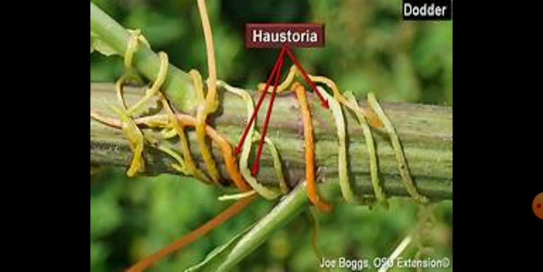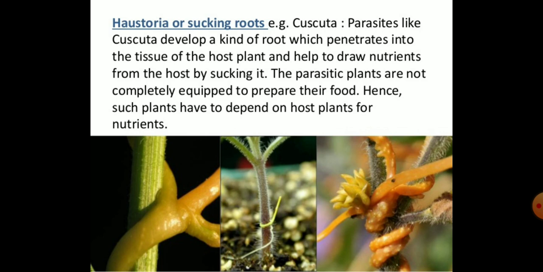It sends its haustorial roots into the host tissue. The haustoria penetrate into the host and make connection with the vascular tissue. Vascular tissue means the xylem and the phloem of the host, and they absorb water, minerals and organic food from that host tissue.